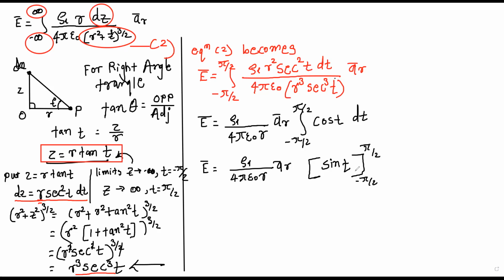Right? So now if you could solve this, what value you will get in place of this. You have the calculator, calculate this and tell me the value of this underlined thing. Rho L upon 4 pi epsilon naught r, A bar r, and I want the value of this.